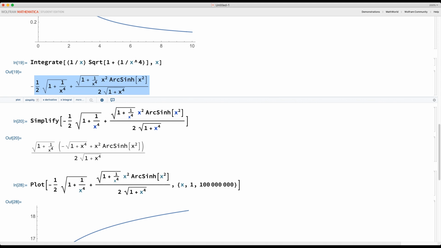I'm actually not sure who named this after him. So let's actually use the Google. Torricelli's trumpet is the other name here.